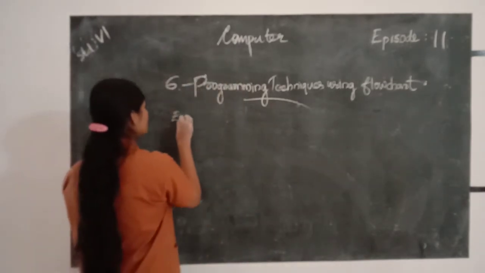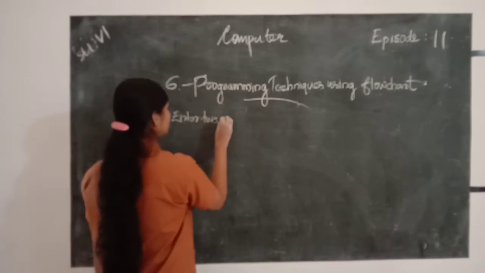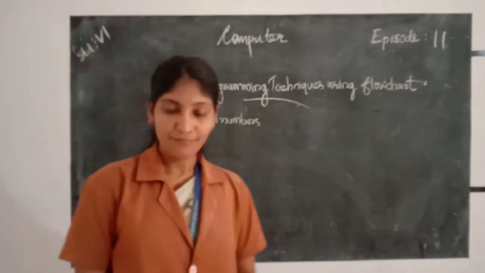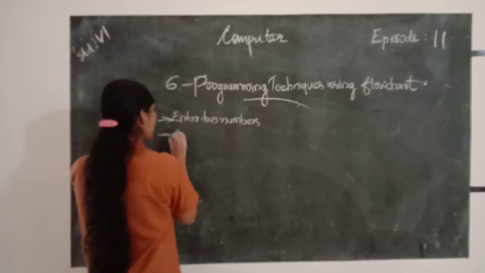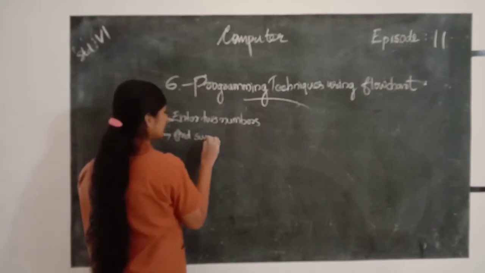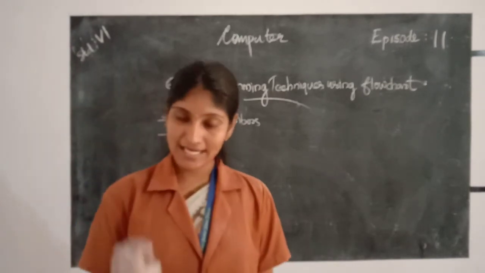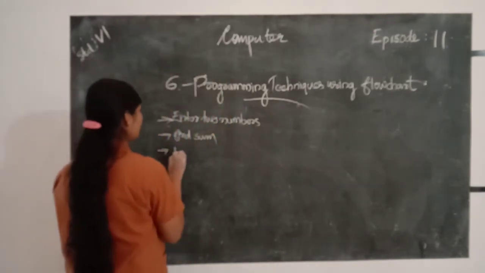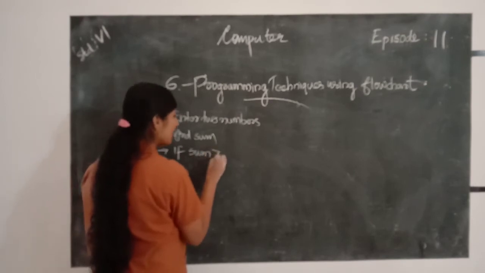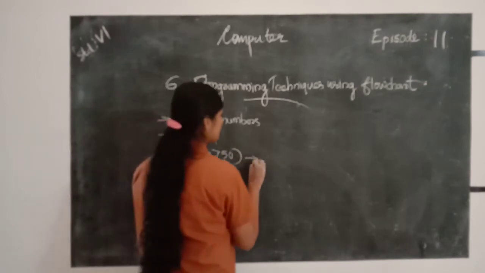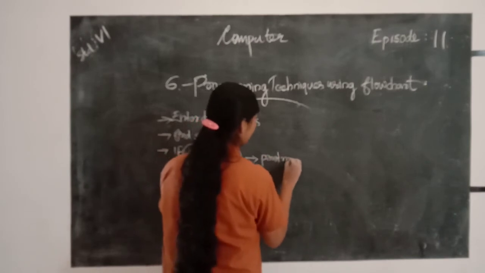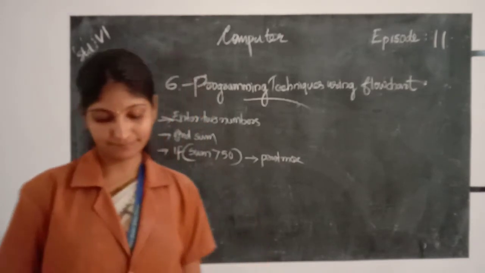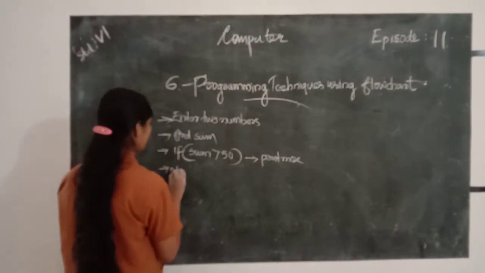Enter two numbers, then find the sum. Then, if the sum is greater than 50, print more. Otherwise print less.